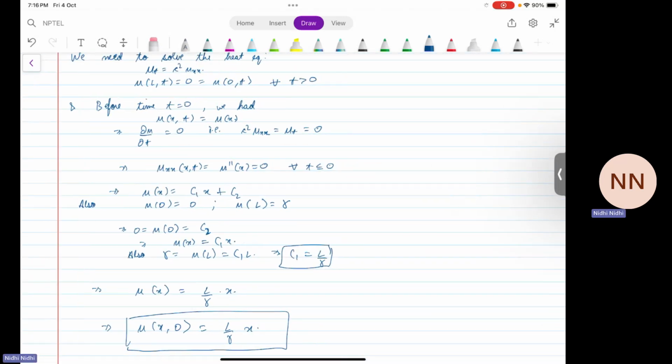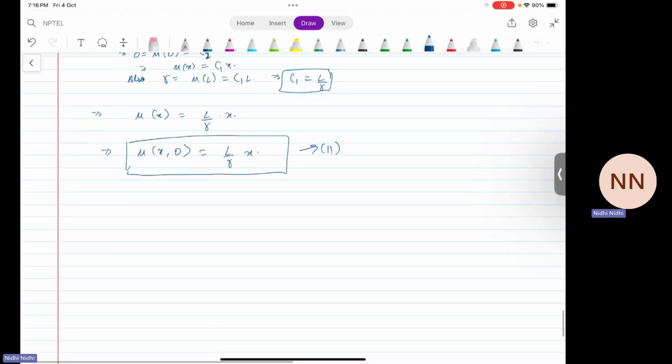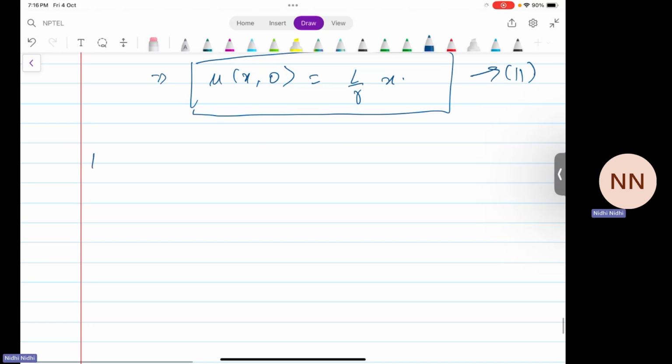So from here we need to solve the system, from first and second, we need to solve the system.